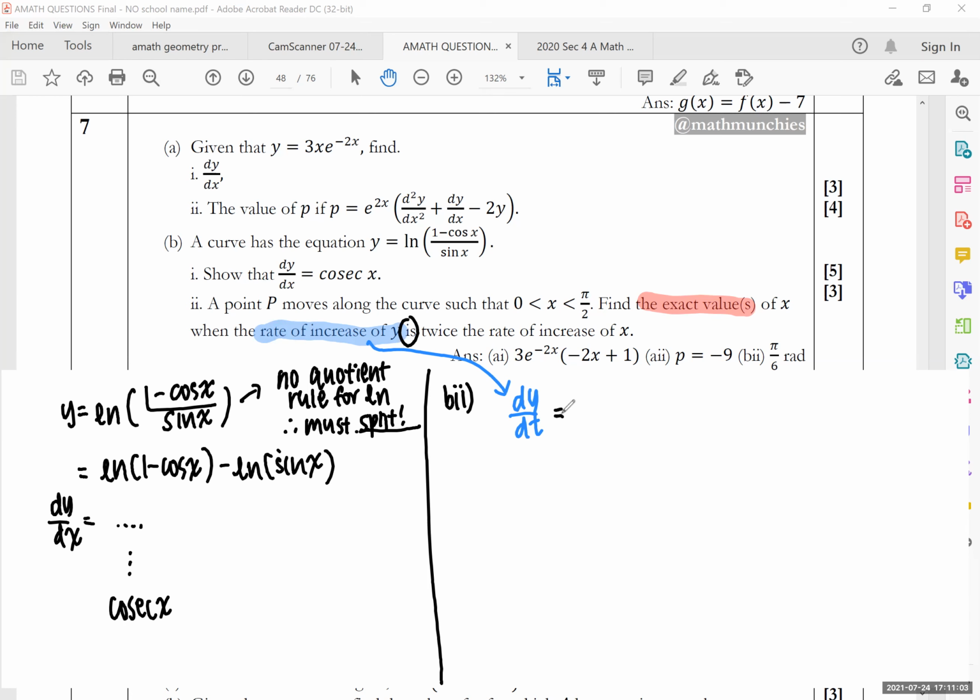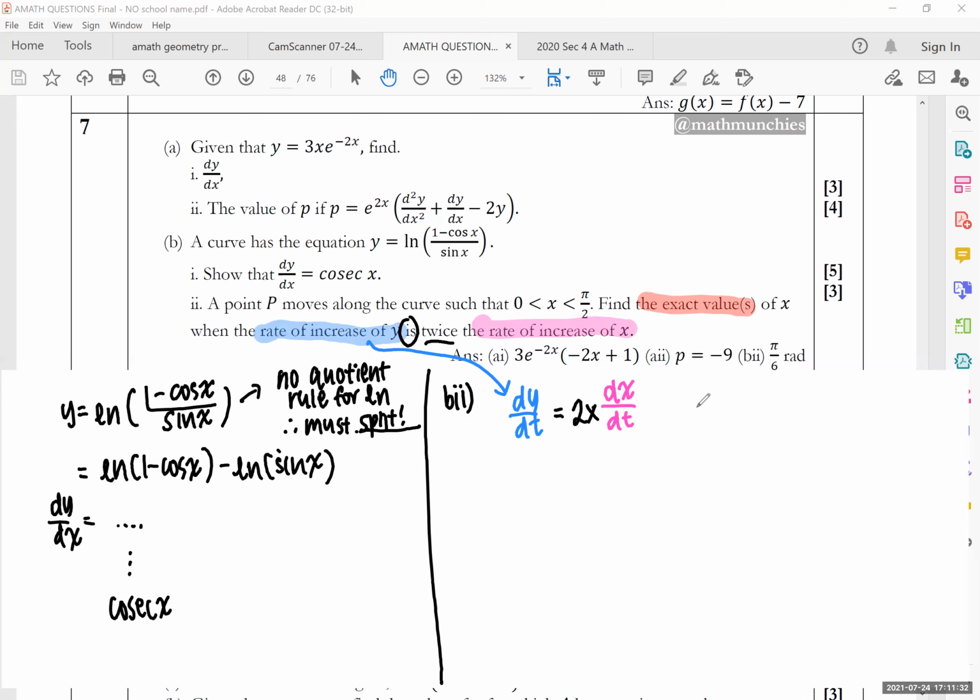And what is equal? Twice. 2 times dx over dt. 2 times, and then after that, dx/dt. But the thing is, over here, I have nothing that can help me to find the value of x.